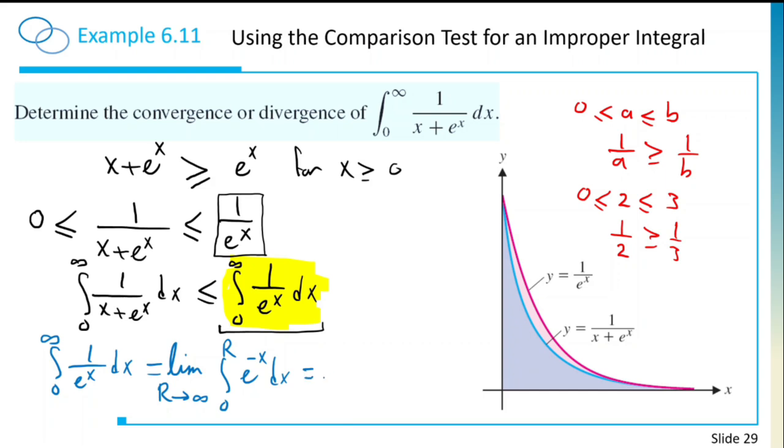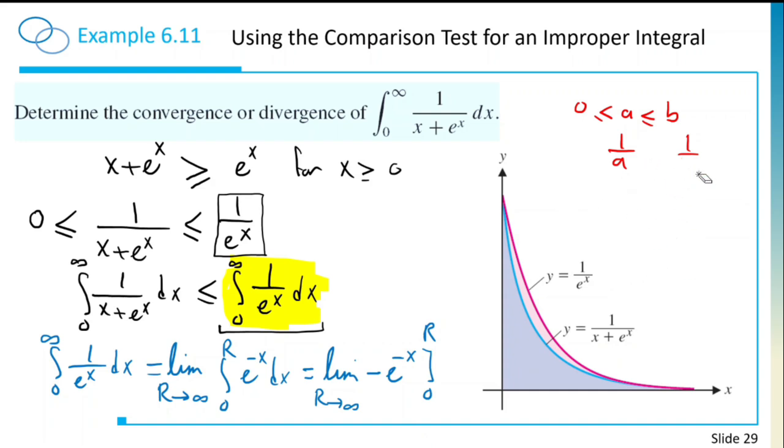And this integration equals what? The limit of negative e to the power of negative x, from 0 to r, as r approaches infinity. Okay, very good.